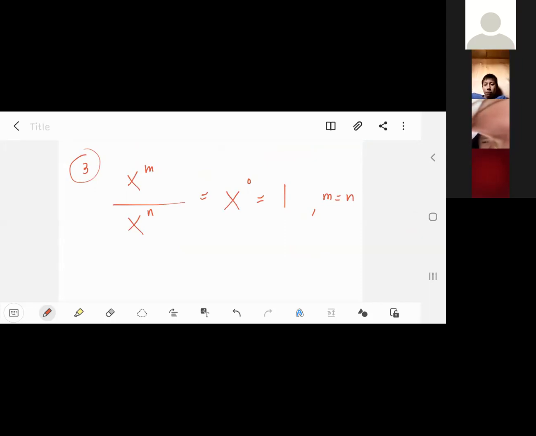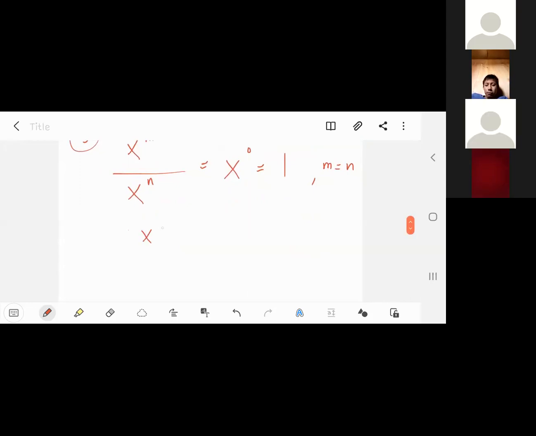Let's say, for example, x to the power of 5 over x to the power of 5. Pareho ang kanilang exponent. Therefore, x to the power of 5 minus 5 is equals to x to the power of 0. So, lahat ng may exponent na 0, ang answer is always 1. Kuha?